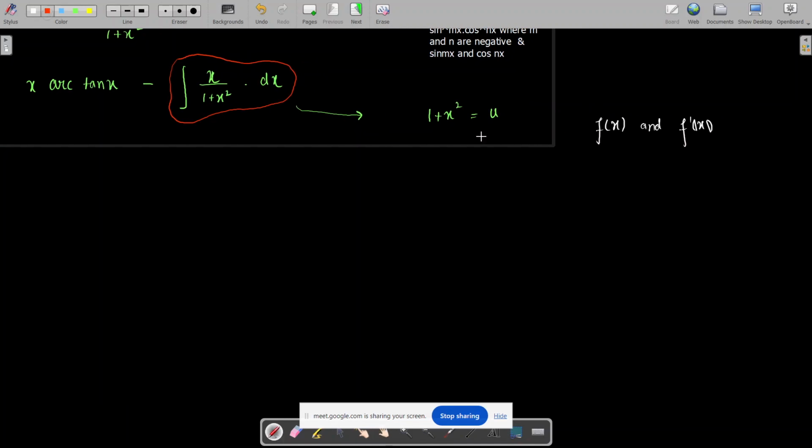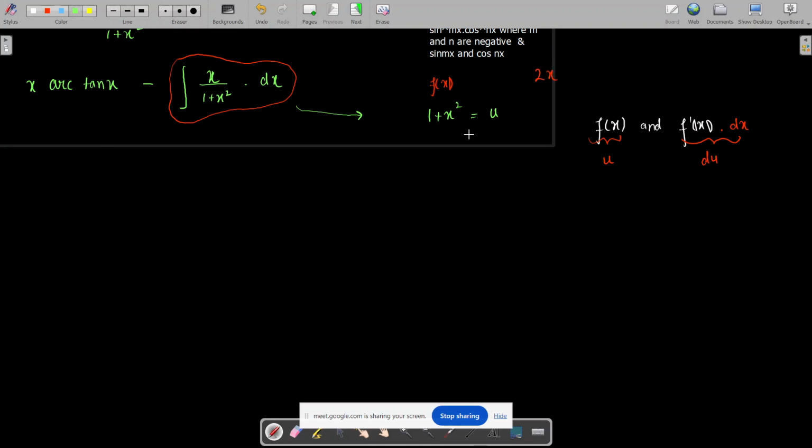If you substitute this function as u, then the derivative of that function times dx will become du. So this times dx will become du. Over here, 1 plus x squared is my function, and if I take its derivative, I get 2x.